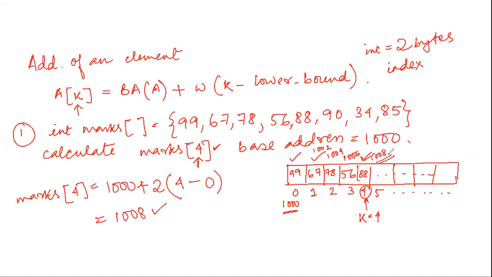So you can clarify that my 4th index address will be 1008 in the memory location. This is how we use this formula to calculate the address of an array element.